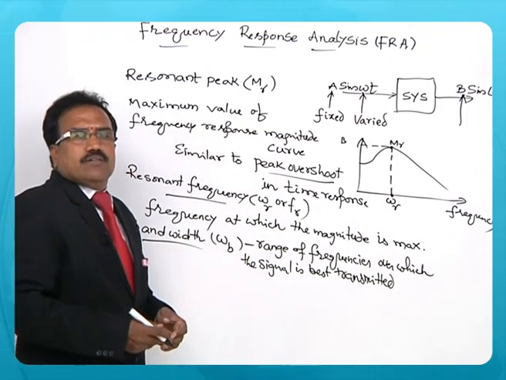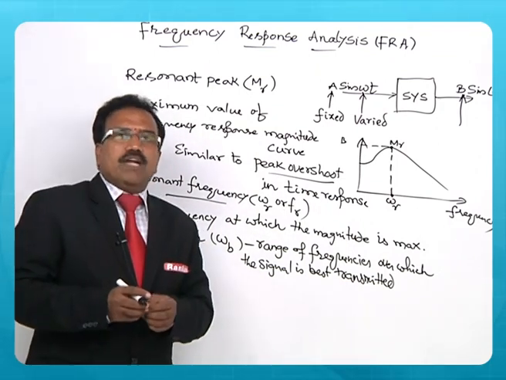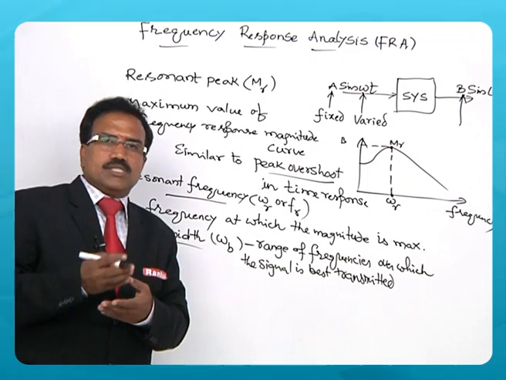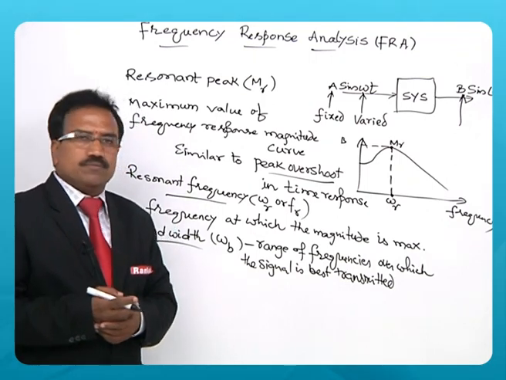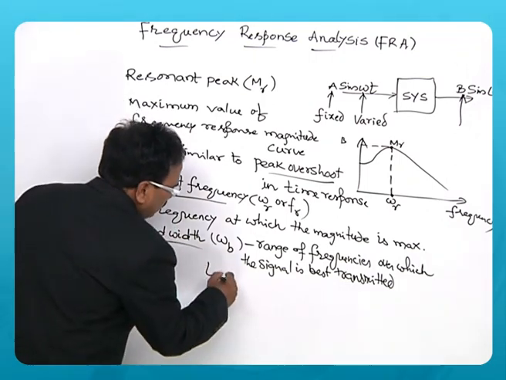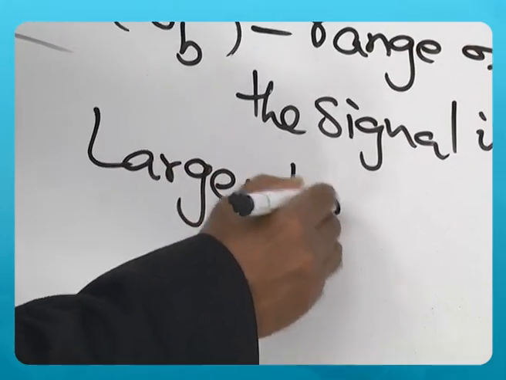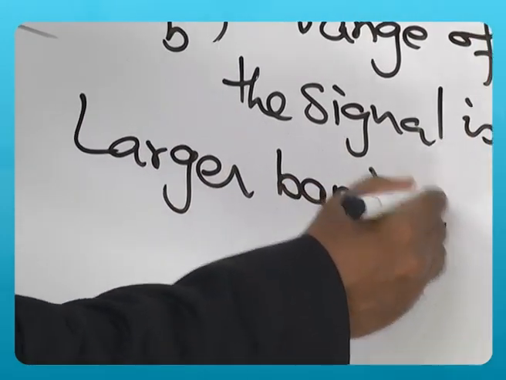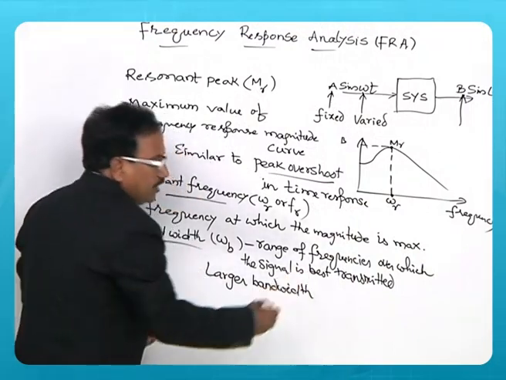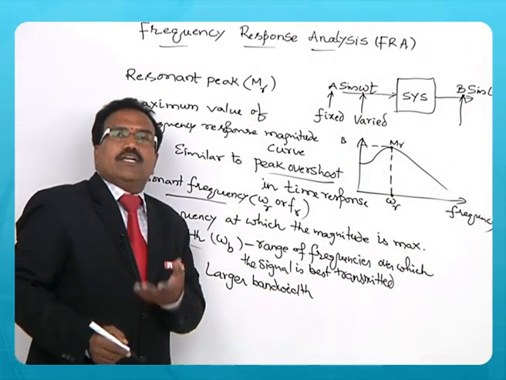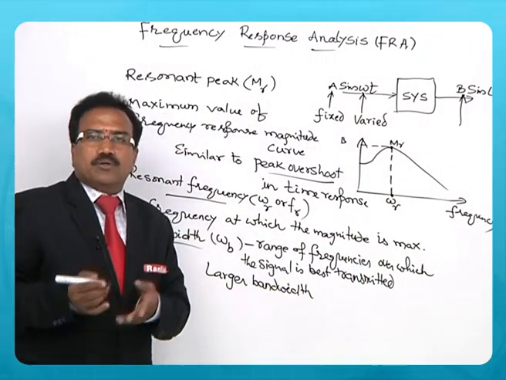So it is generally said this way: if the bandwidth is large, that is a good sign in frequency response. Larger bandwidth is a good indication that the system is good.